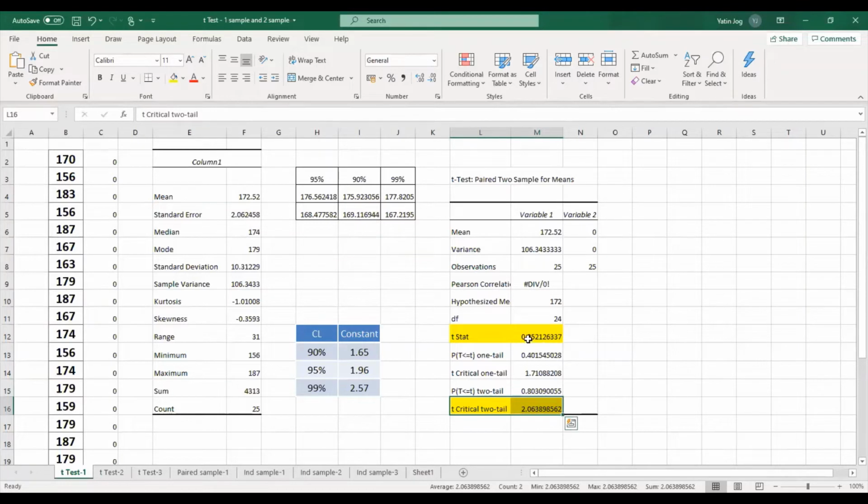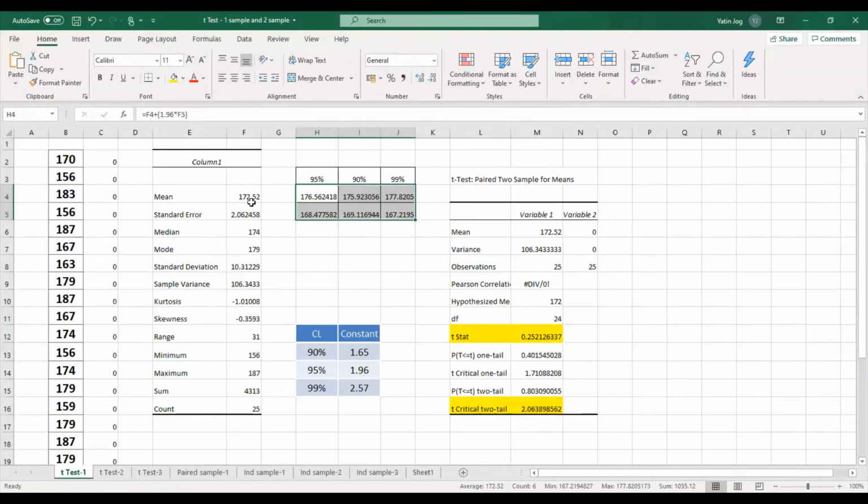Now what is our rule? If calculated is less than critical, then we fail to reject H0. Even if you recall yesterday's problem, at all levels of confidence we fail to reject H0. That means we are going ahead with H0. That was our conclusion yesterday, correct?